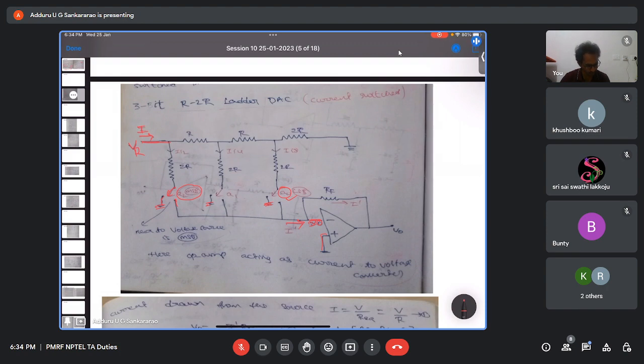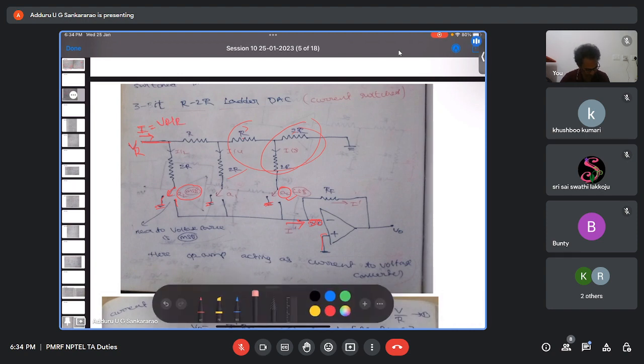These two are parallel, these two are parallel, then R plus R, 2R, series then parallel, something like that. The current is VR by R you will get. Now if you see here how the current is divided between them.